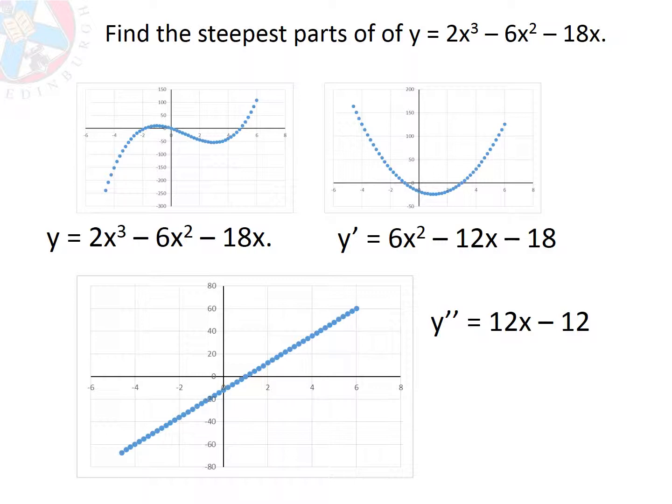And that's this graph here. We can then say at each of our stationary points, at -1, this equation gives us a negative number.